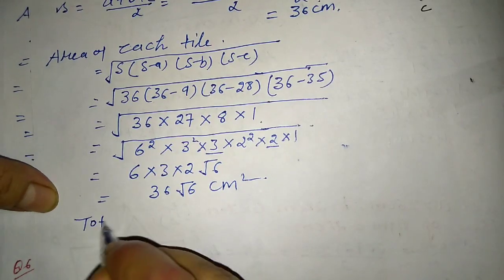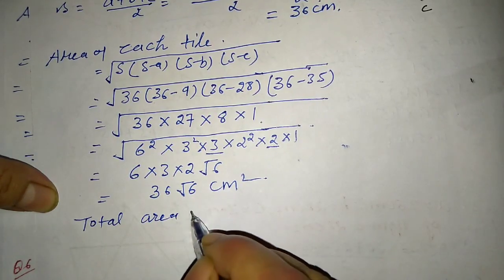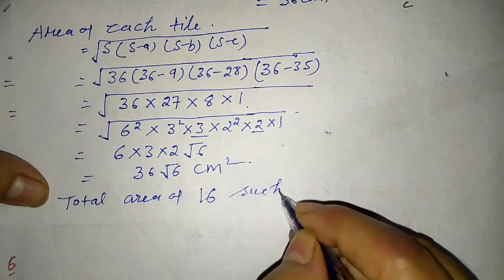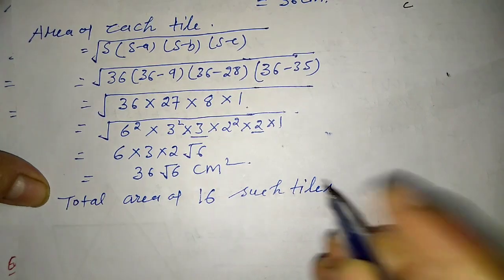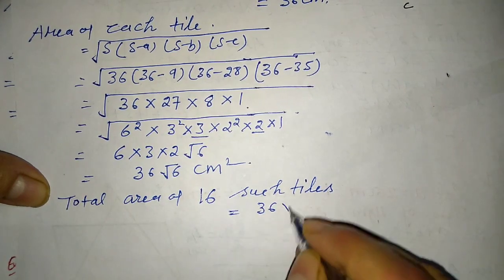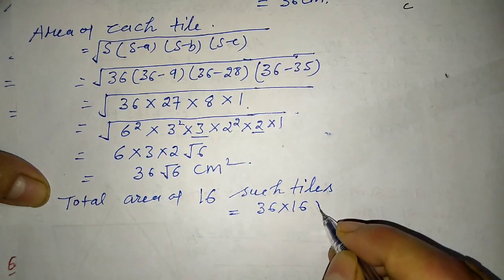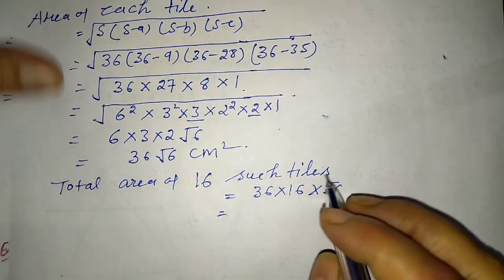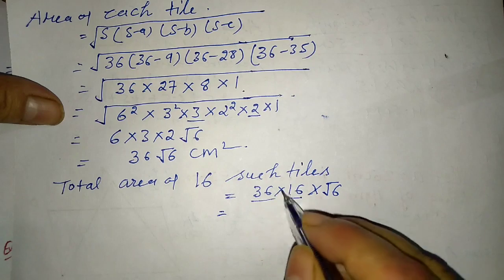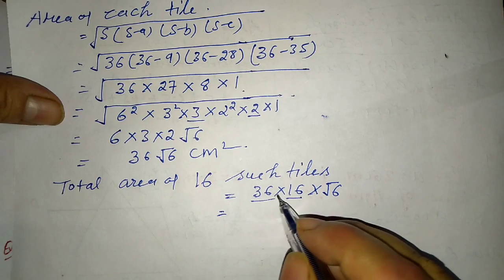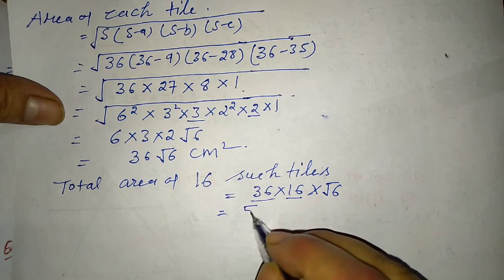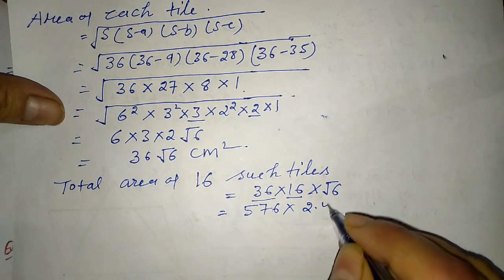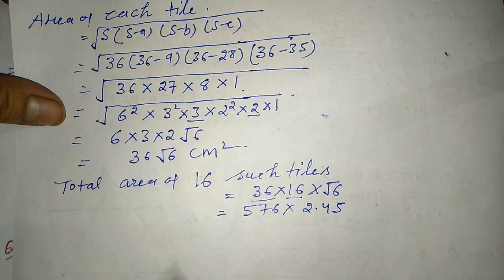So the total area of 16 such tiles, there are 16 tiles, is equal to 36 into 16 into root 6. If we multiply 36 and 16, we have 576 under root 6, where root 6 is approximately 2.45.